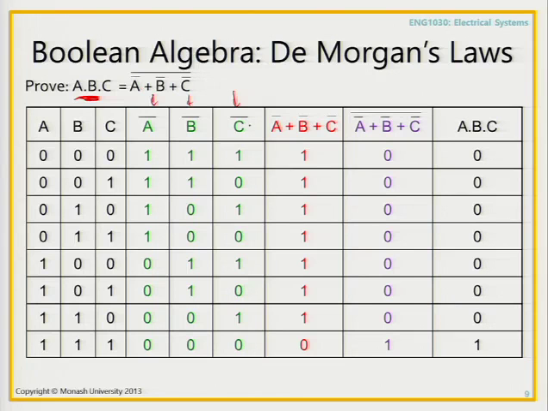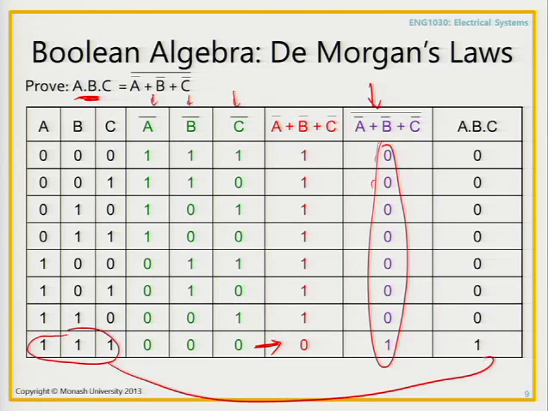And if we take an OR of these, you can see that all of these rows have 1 except for the last row, because that's not A or not B or not C. And if we take an inversion of that, which is here, then this becomes all 0s and 1. So all 0s here and 1. And if we just look at ABC, well, ABC is only 1 when all of A, B, and C are equal to 1.